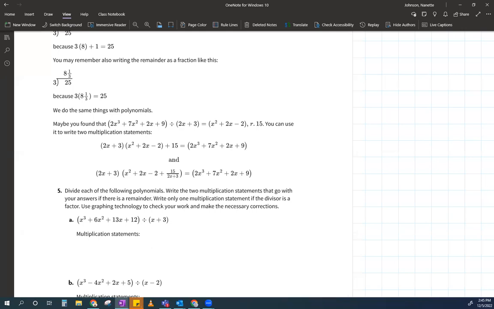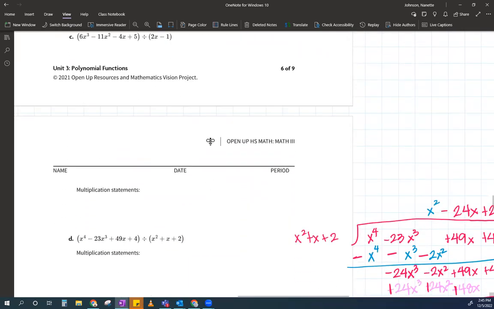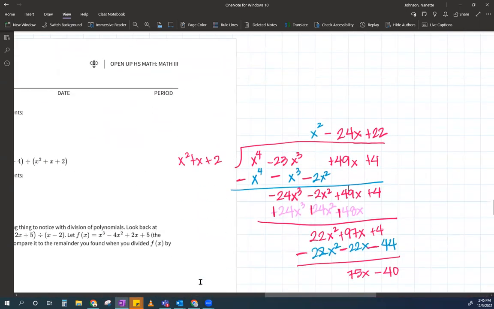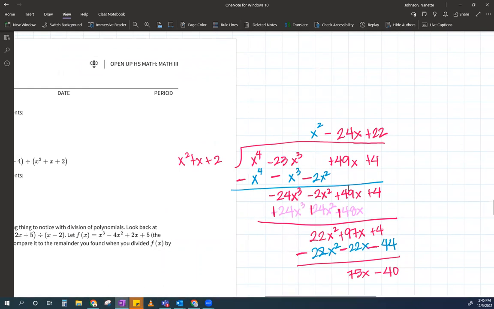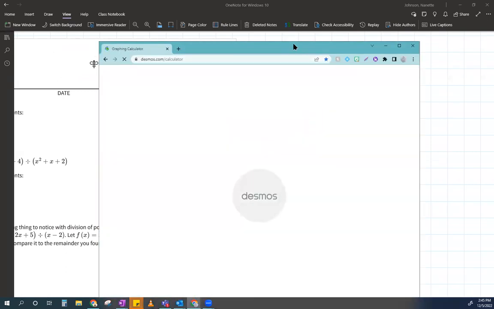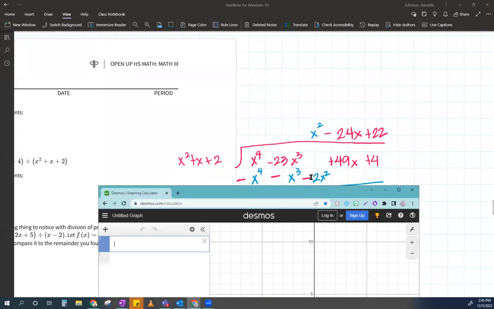Okay, so let me see. Before I go on, I want to check my answer, so I'm going to use my calculator. So here goes my calculator. Oops, let me show you. I go here, and I'm just going to type this all out as the numerator: x to the 4th minus 23x cubed plus 49x plus 4.